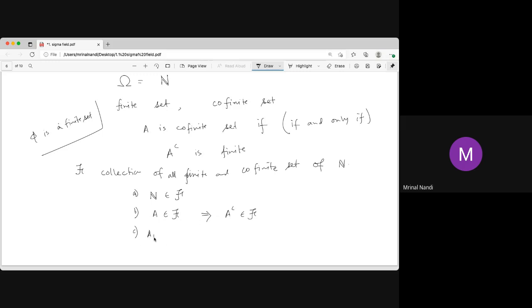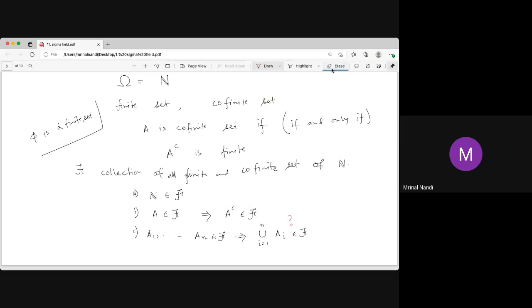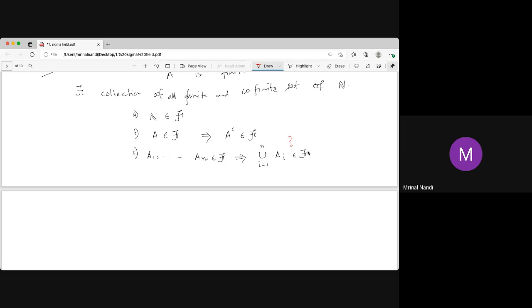Now the next one is important. If you have a finite collection, does that union belong to this collection? This is an important question. The other two are very easy, but this is the most important, the crucial part. Yes, it is true.